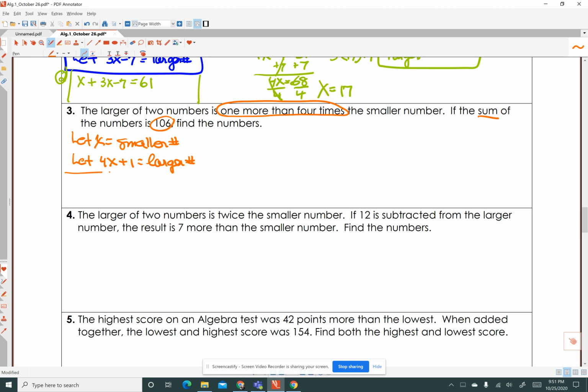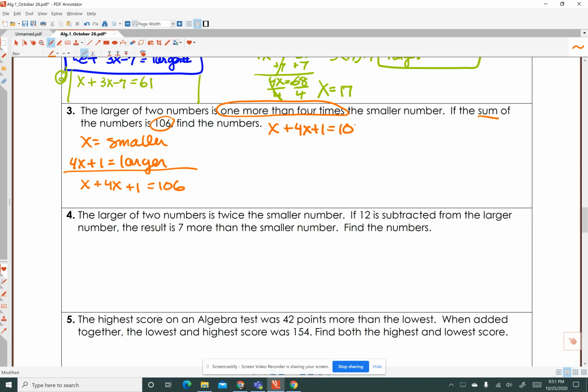So let's write an equation. 4x plus 1 larger. Okay, let's write our equation. X plus 4x plus 1 equals 106. We'll combine like terms.